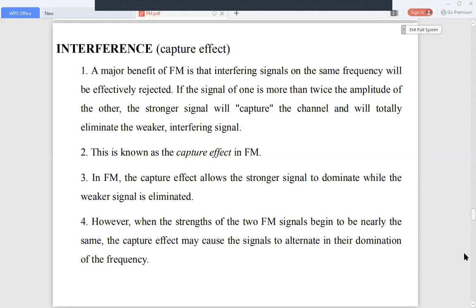In FM, the capture effect allows the stronger signal to dominate while the weaker signal is eliminated. However, if the strengths of the two FM signals begin to be nearly the same, the capture effect may cause the signals to alternate in their domination of the frequency. So these are the two basic advantages: one is noise immunity, another is less interference.